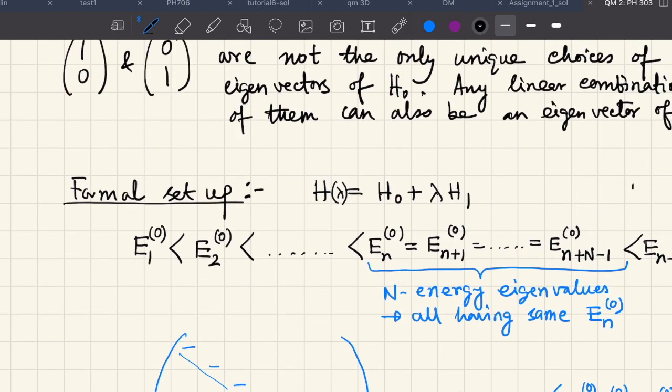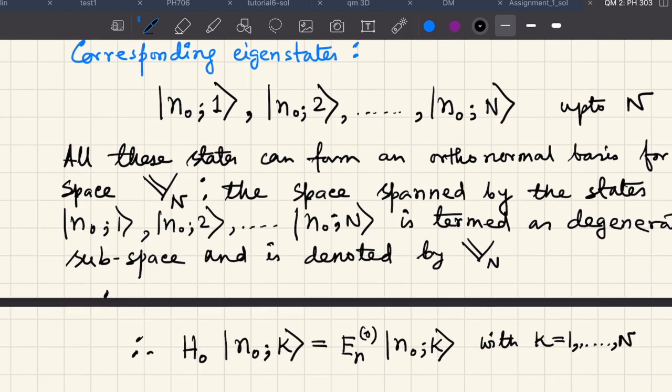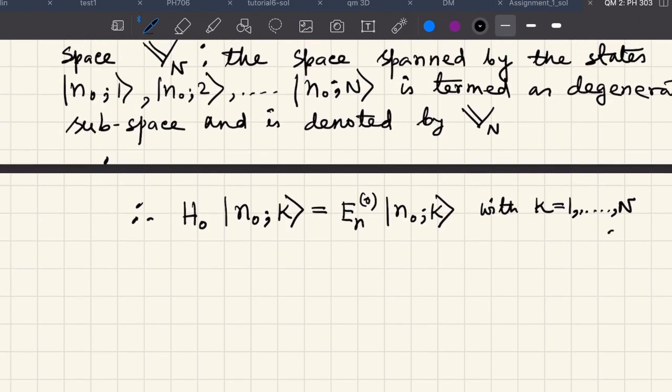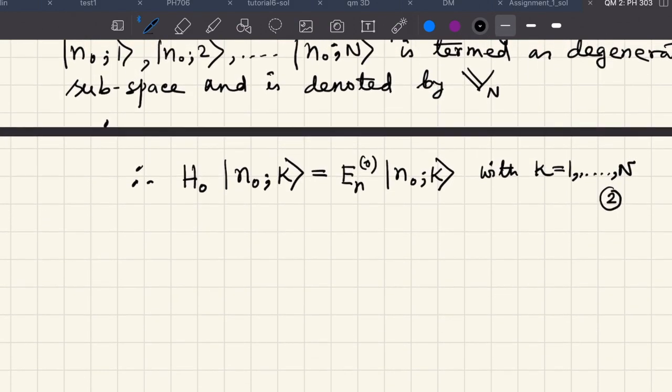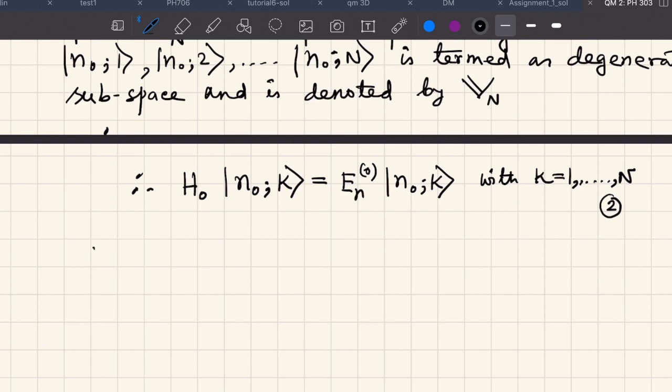Let us number this equation as 1. Let us number this equation as 2. And accordingly, we also know that ⟨n^0; p|n^0; l⟩ should be orthonormal, δ_pl.